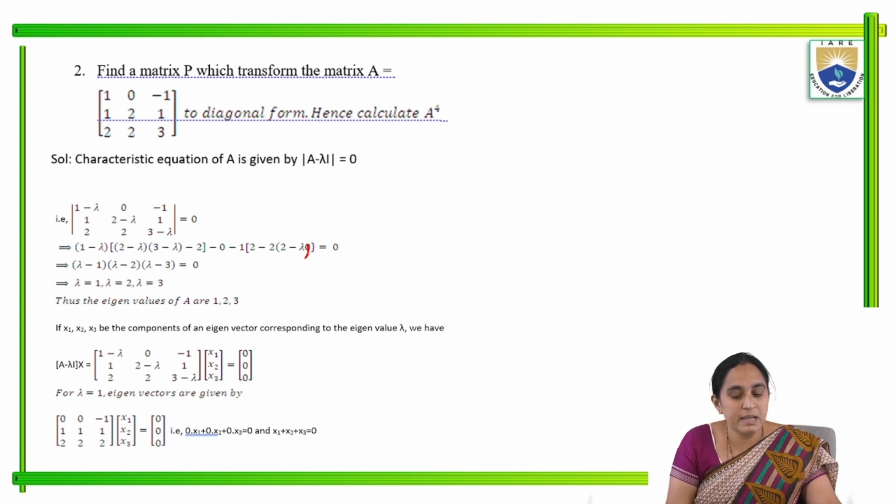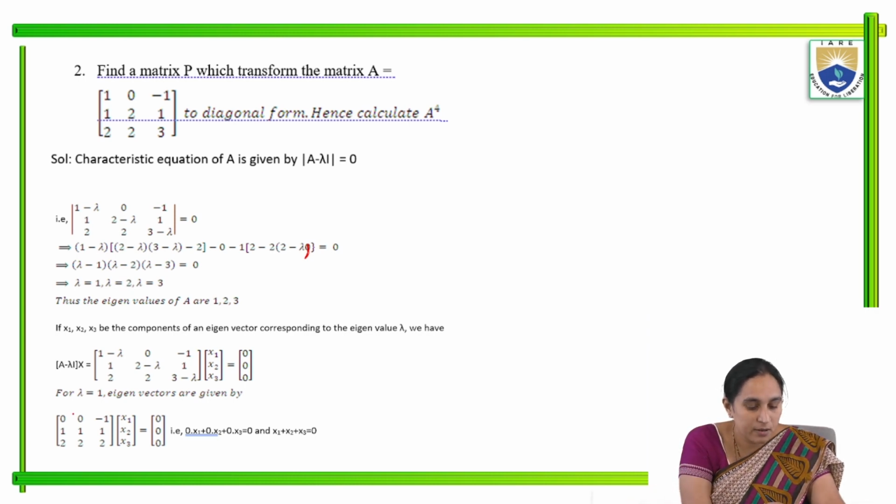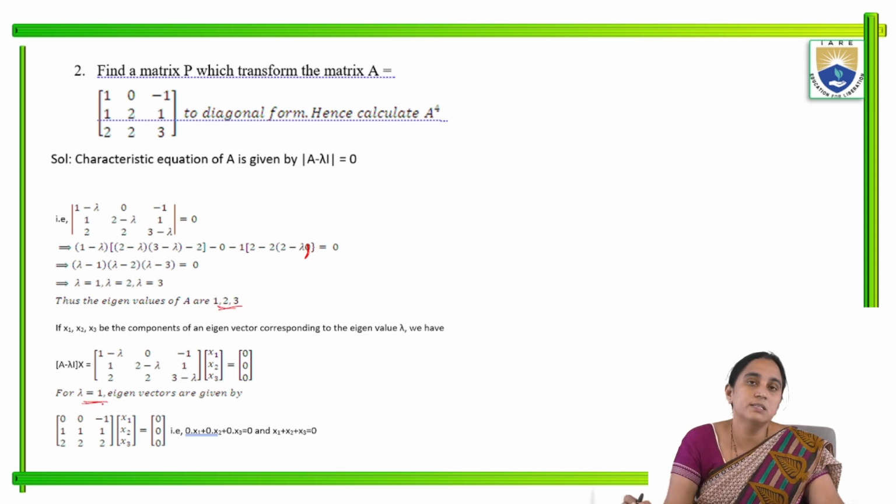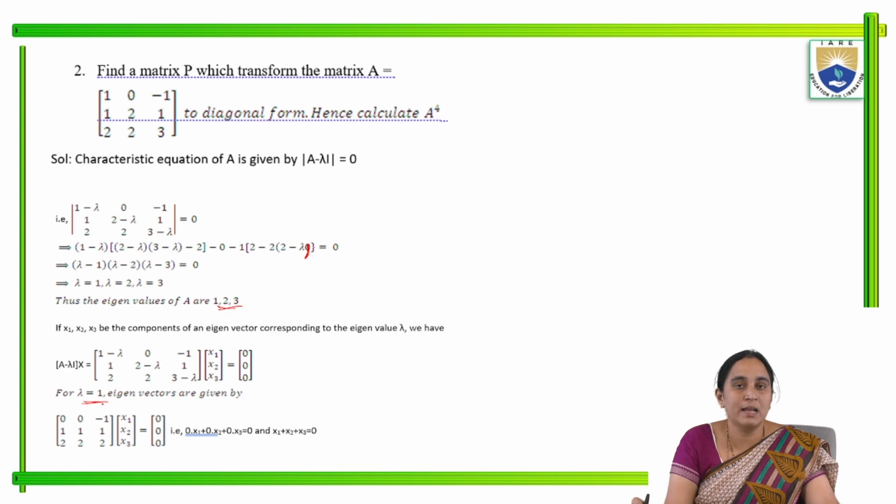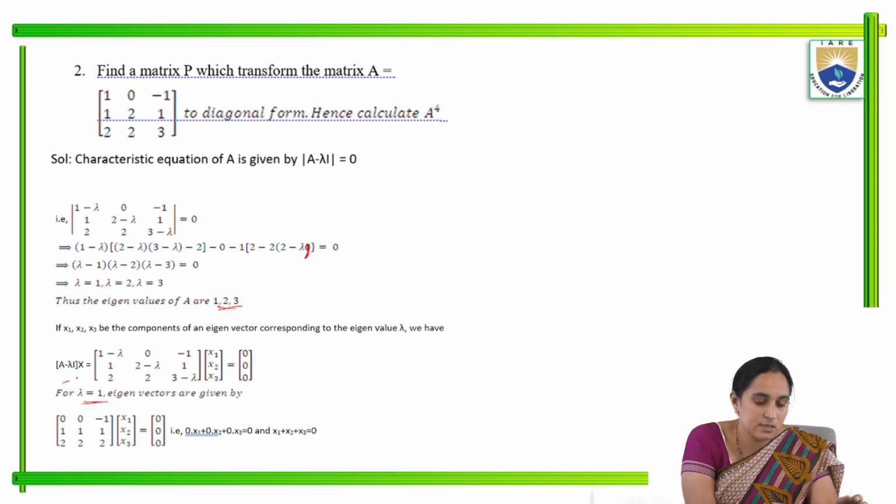For three eigenvalues, we have to find three eigenvectors. For each eigenvalue we have to find an eigenvector, and for that this is the formula.